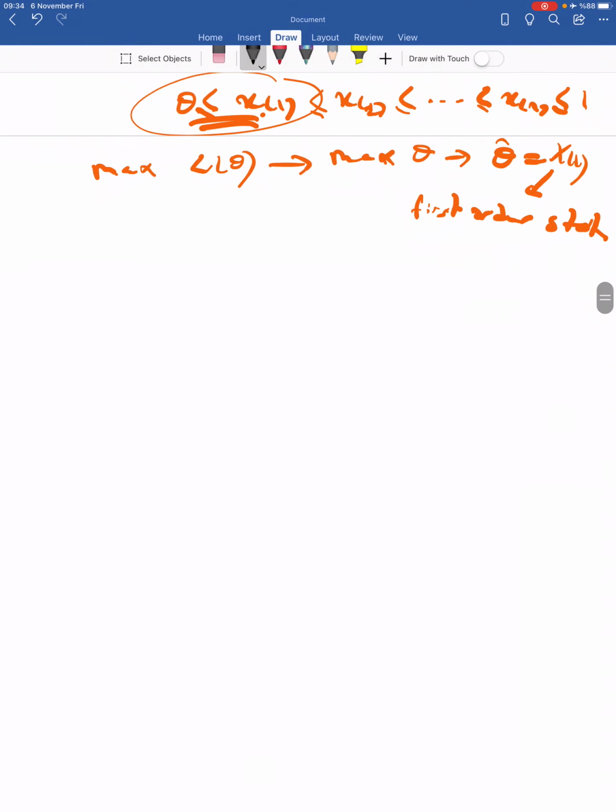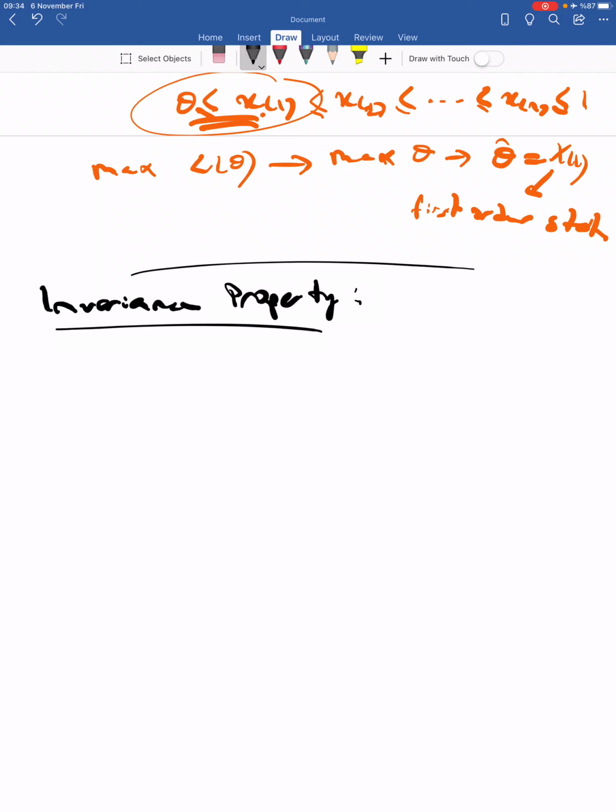Okay, so I think you understand how to find the maximum points if we cannot use differentiation, how we can find the maximum likelihood estimate. So we have a good property of MLEs again. We have an invariance property, like the method of moment estimators.